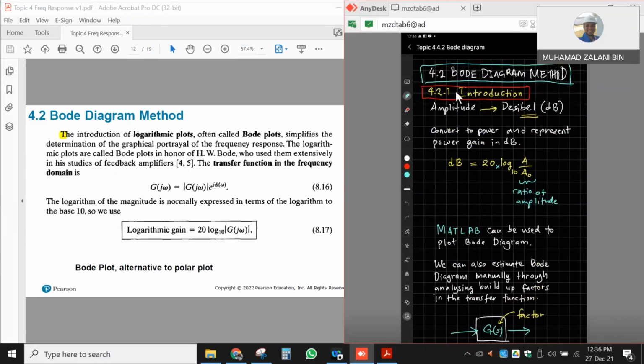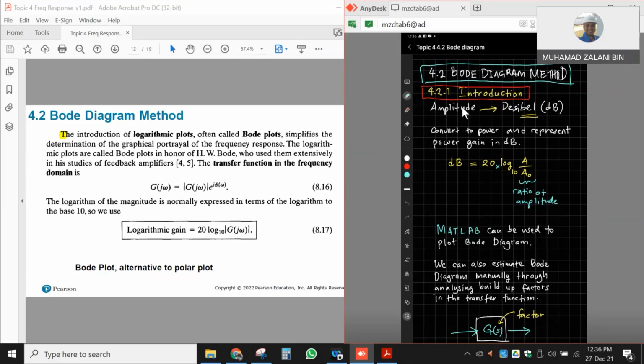In the Bode diagram method, there are two things we are going to display on the Bode plot. The first is the changes of the amplitude of the response, the amplitude of the output signal, and also the phase angle of the output signal.